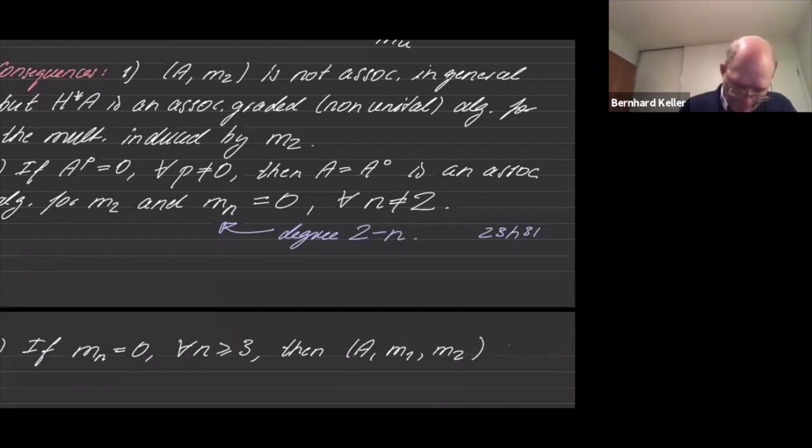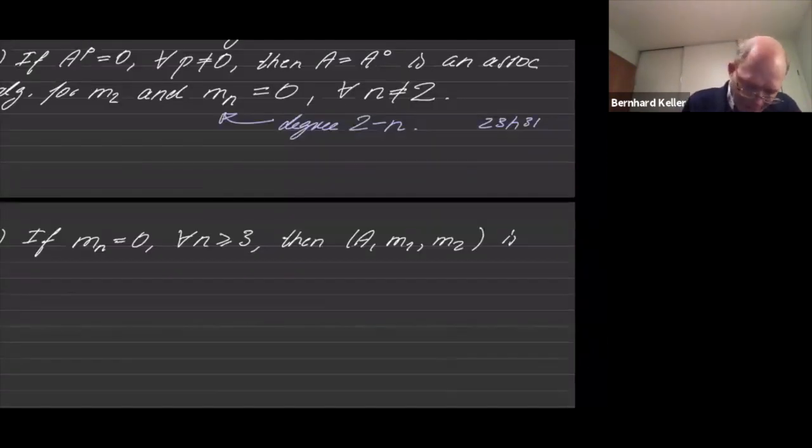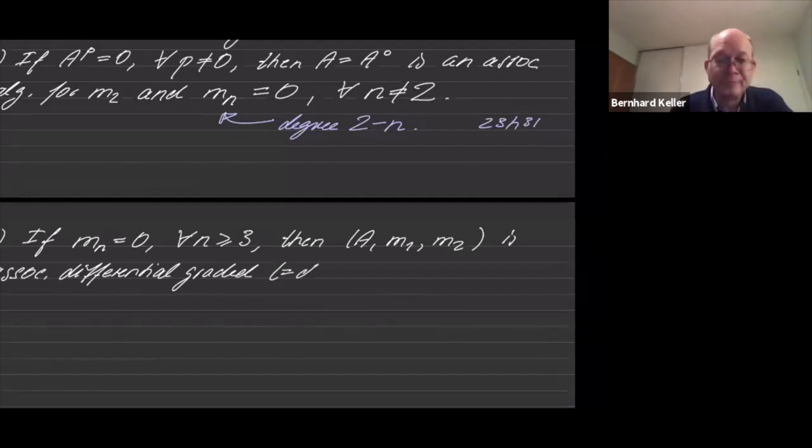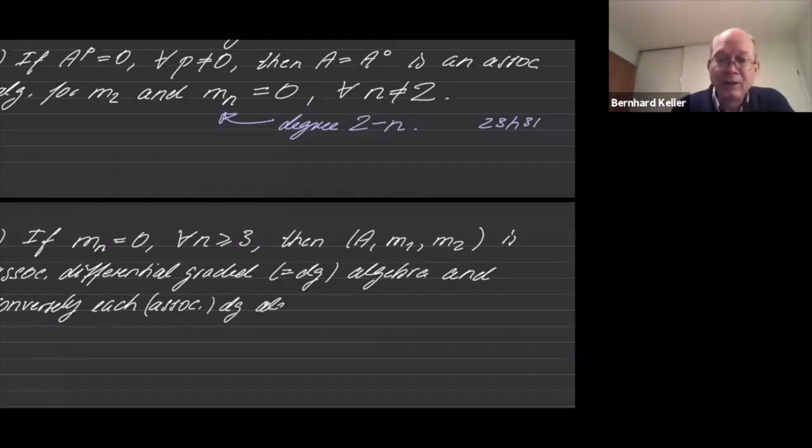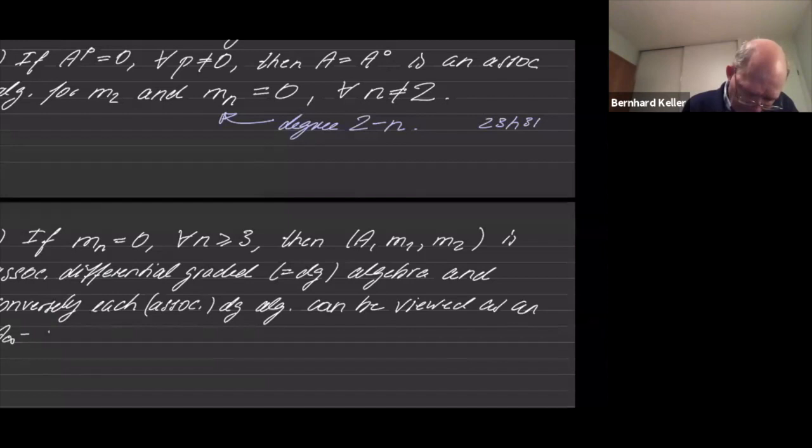So this is an associative, and M1 is a derivation for M2, so this is an associative differential graded, abbreviated DG, algebra, and conversely each associative DG algebra can be viewed as an A infinity algebra with vanishing Mn for n greater or equal to 3.